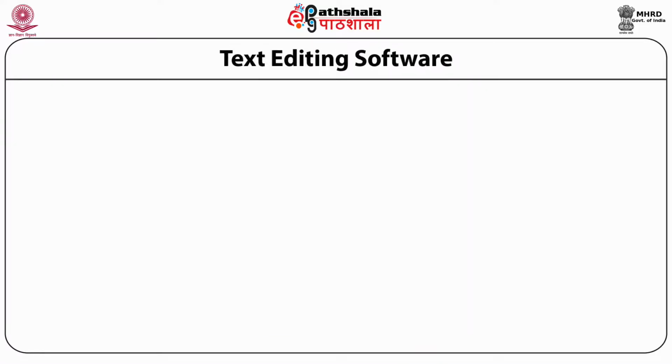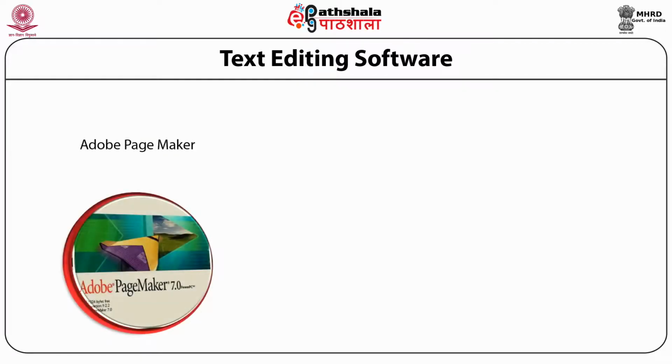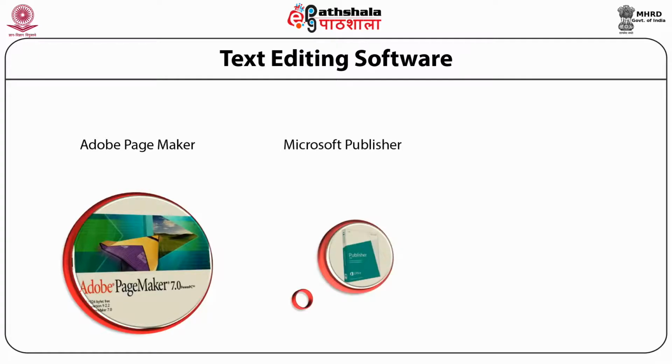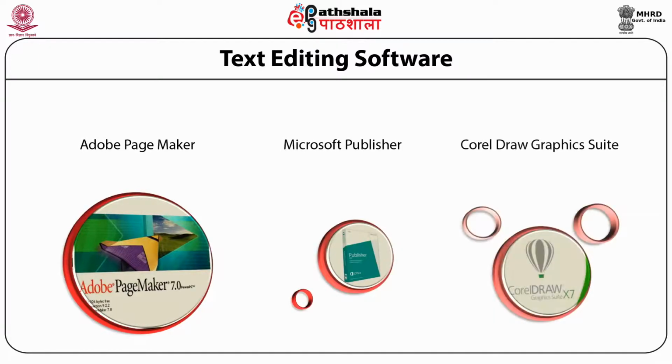The third software is text editing software. There are various types of text editing software available. First one is Adobe PageMaker, Microsoft Publisher, CorelDRAW Graphics Suite. Text editing software is mostly used for DTP purposes. The most popular text editing software we have already discussed.